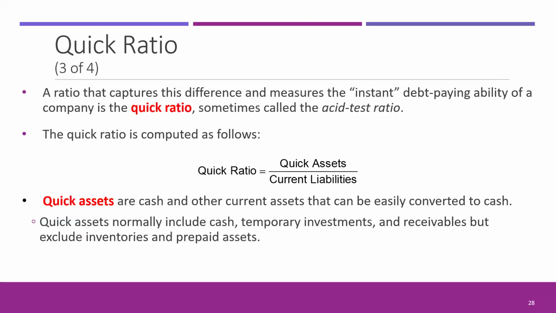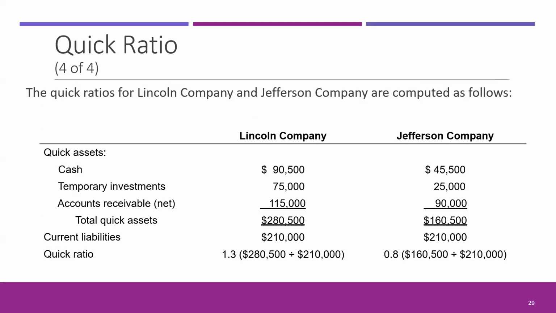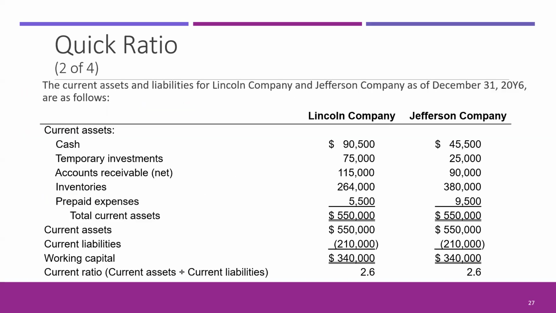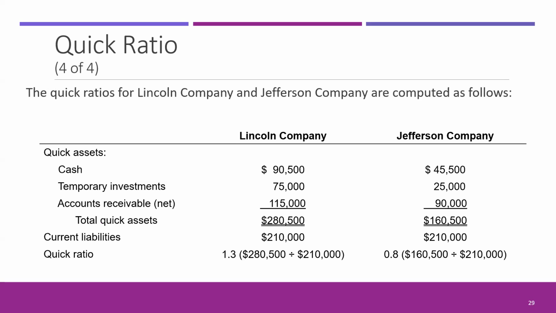So that's the reason why quick assets is computed this way. And the quick ratio is much lower than the current ratio because it doesn't include inventory. And that's such a huge metric here, right? Current ratio is 2.6 for each of these, but excluding inventory and prepaids, it's 1.3 and 0.8.